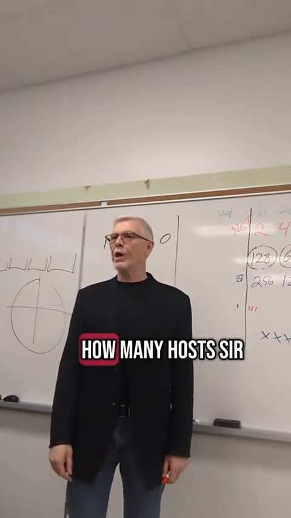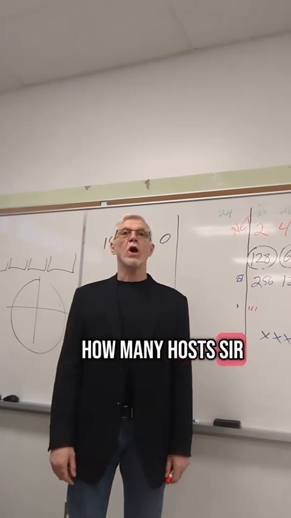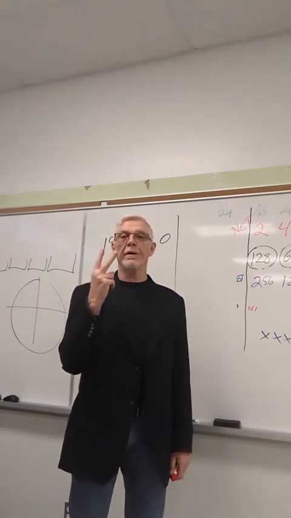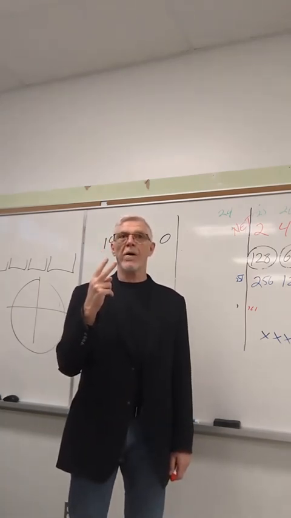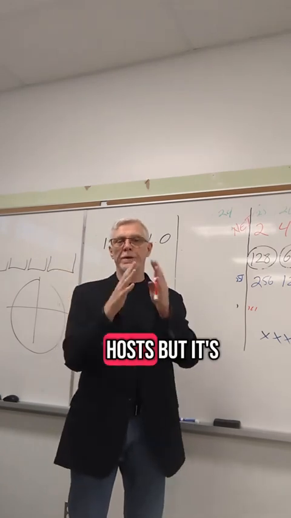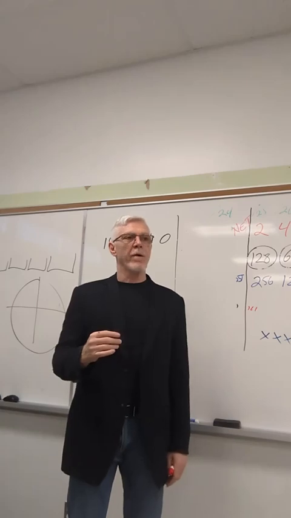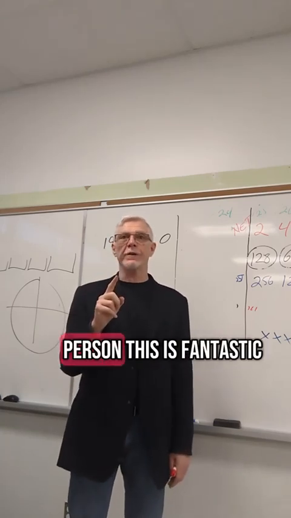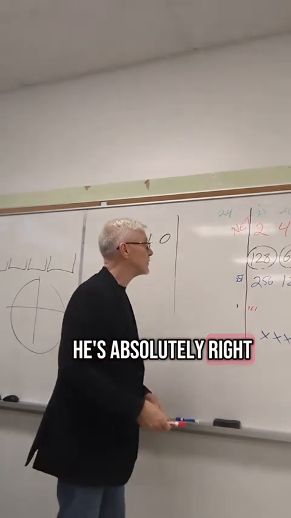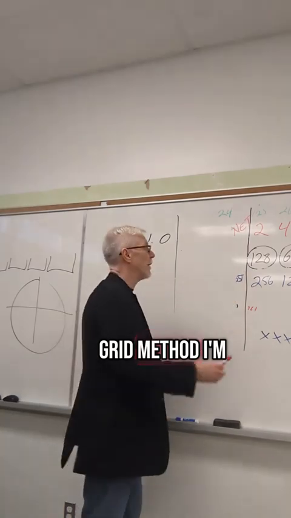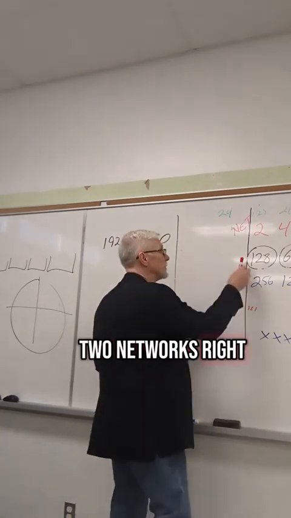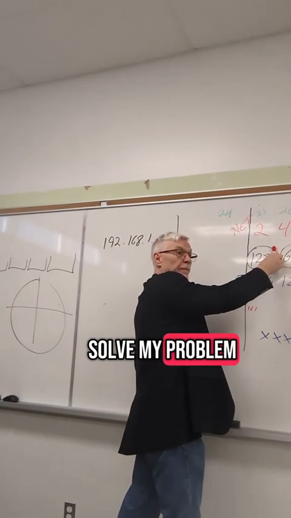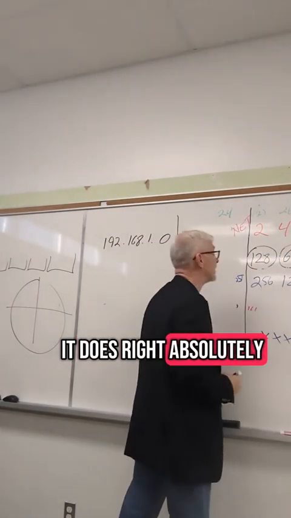How many networks, how many hosts? 2 networks, is it 1 host? No, you're going to have a bunch of hosts, but it's going to be cut in half, right? 128 hosts. He's absolutely right. So if I'm going to use the grid method, I'm going to look for 2 networks, right? So does that solve my problem? It does, right? Absolutely.